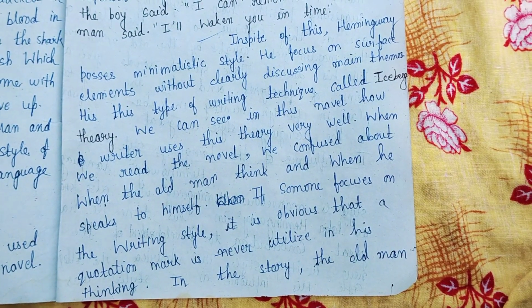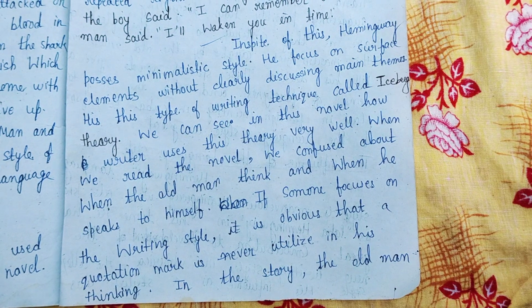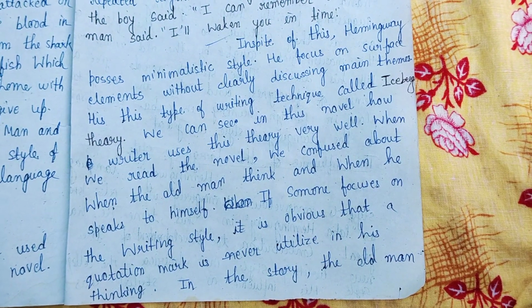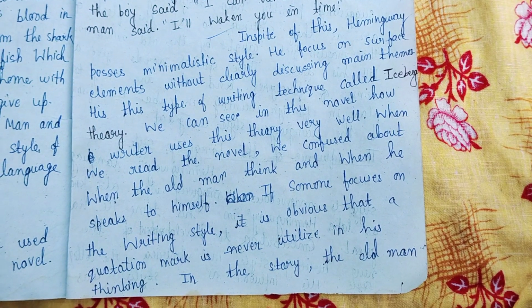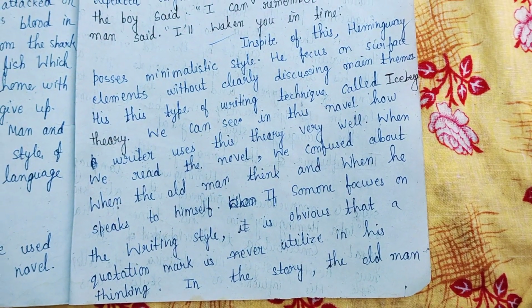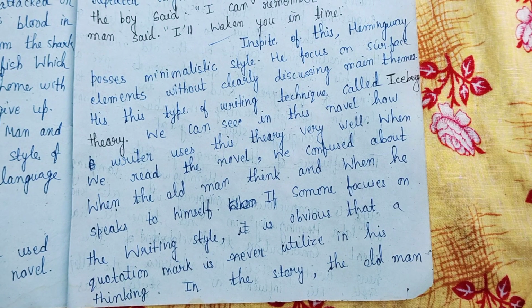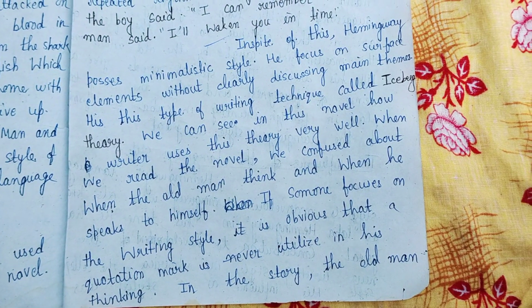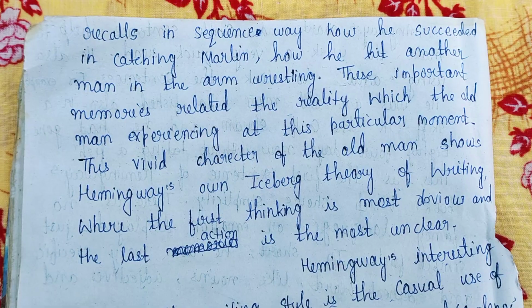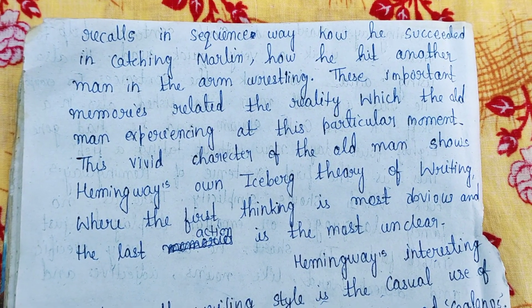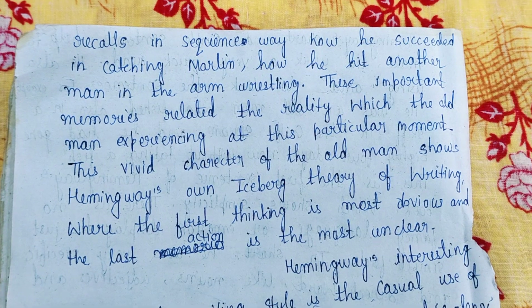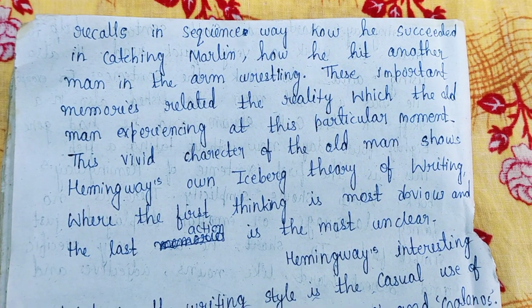When we read the novel, we are confused about when the old man thinks and when he speaks to himself. If someone focuses on the writing style, it is obvious that quotation marks are never utilized in his thinking. In the story, the old man recalls in a sequential way how he succeeded in catching a marlin, how he beat another man in arm wrestling.